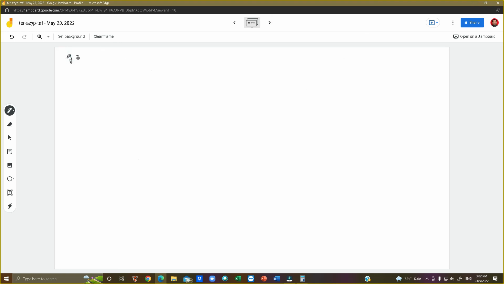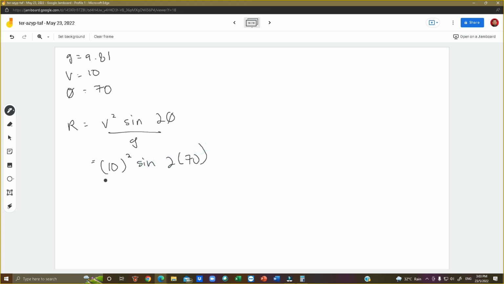Okay, now let's play around with the figures of theta. G equals 9.81, V equals 10. Theta kita tukar. Tadi kita guna theta 45. Now let's try theta lebih besar. Theta 70. So R equals V square sin 2 theta over G. Cuba main dengan ni. Dapat apa? 10 kuasa 2, sin 2 kali 70, bahagi 9.81.